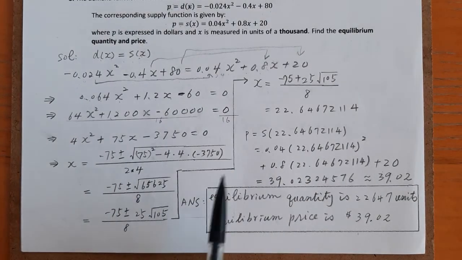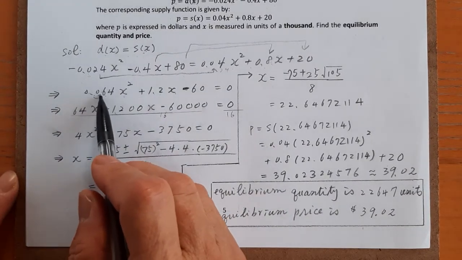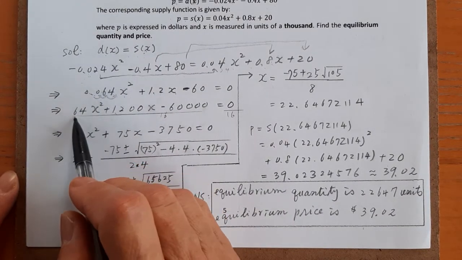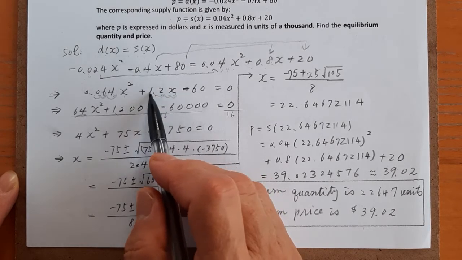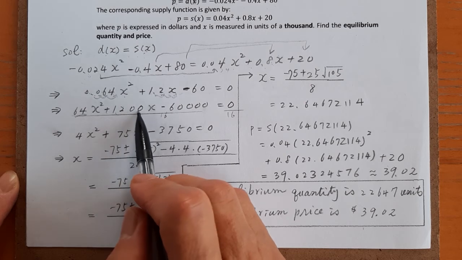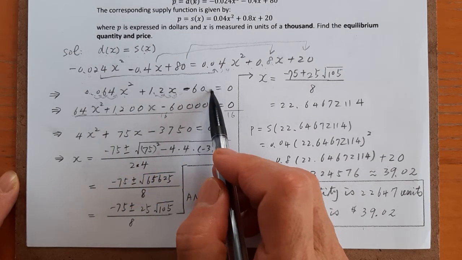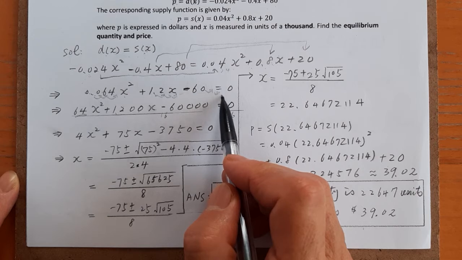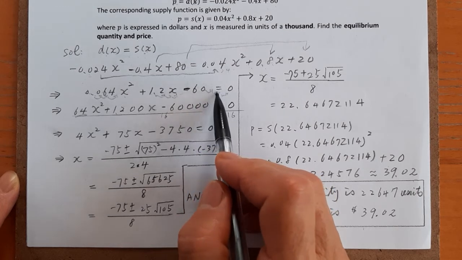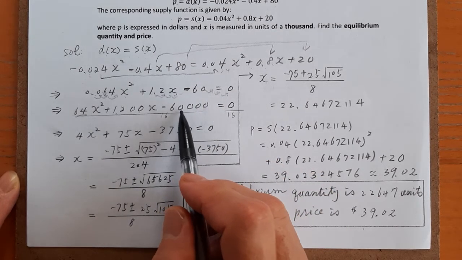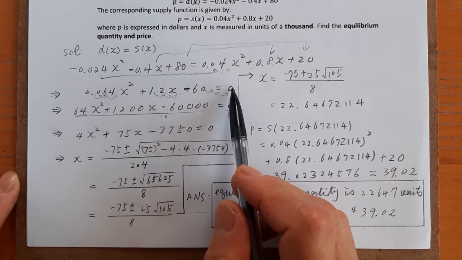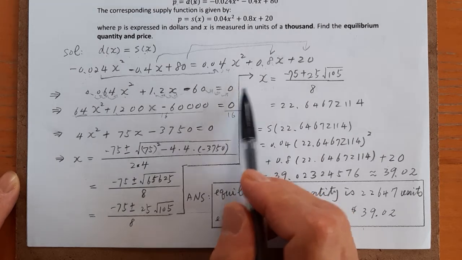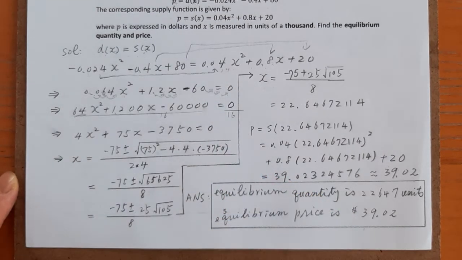Then multiply by 1,000: moving the decimal point to the right 3 positions, we get 64, 1200x, and 60000. Each term is multiplied by 1000, and 0 times 1000 is 0.